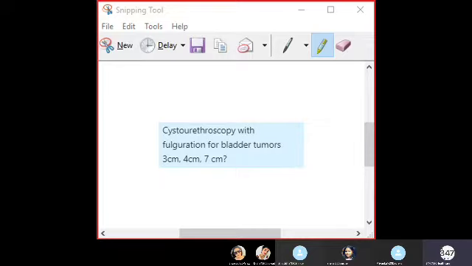So here, overall, all the answers given were wrong. If multiple bladder tumors are fulgurated, the 3 centimeter one, the 4 centimeter one, go with the highest centimeter, which means you take only the 7 centimeter code.